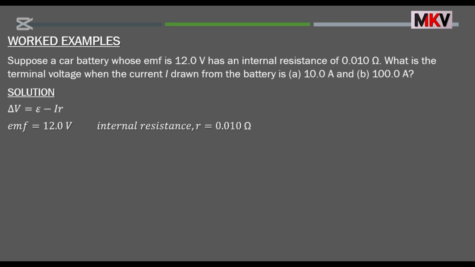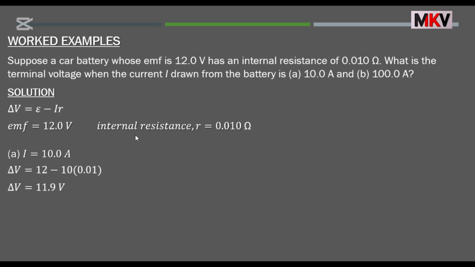Firstly, we state the equation, which is terminal voltage equals the EMF minus current times internal resistance. Writing out the parameters in the question, we have the EMF to be 12 volts and the internal resistance to be 0.01 ohms. Our first question is, if the current is 10 amps, what will be the terminal voltage?